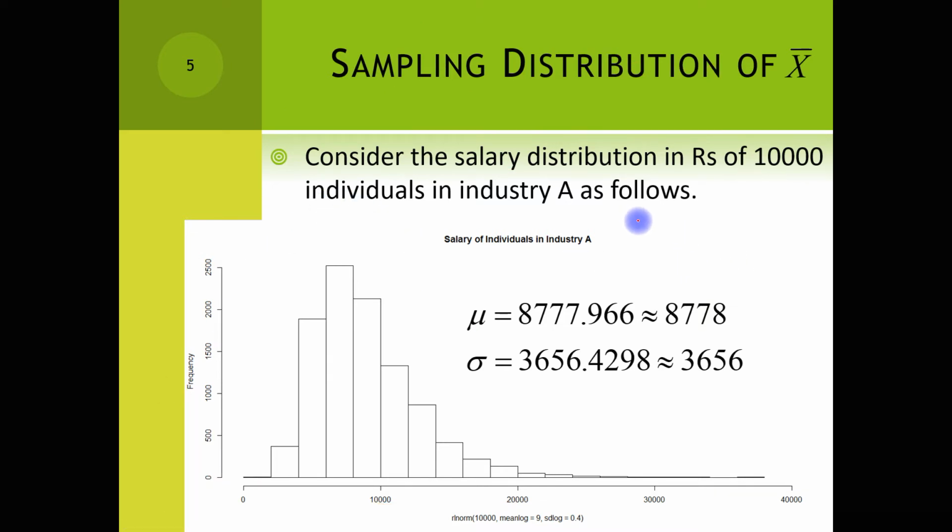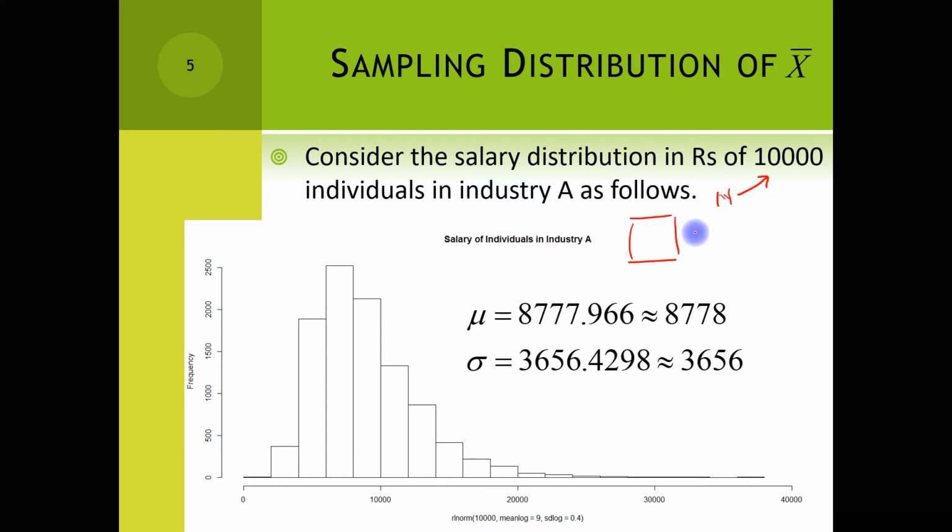I will start drawing samples. The population here is of size 10,000, which is relatively big. We'll consider it as relatively big, though it is not necessarily big. What are we going to do?